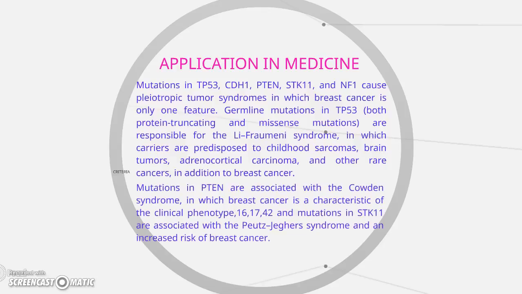Mutations in PTEN are associated with Cowden syndrome, in which breast cancer is a characteristic of the clinical phenotype, and mutations in STK11 are associated with Peutz-Jeghers syndrome and increased risk of breast cancer.